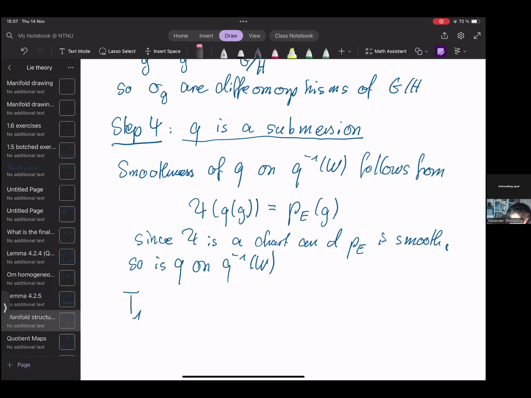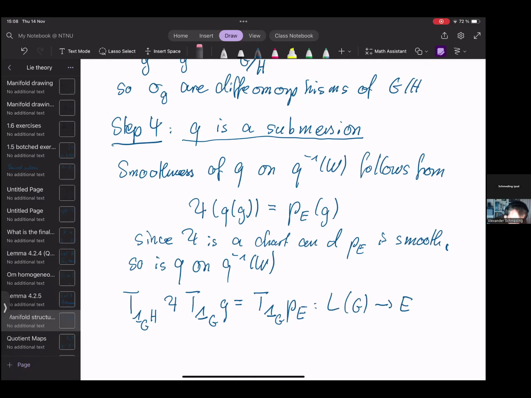So I should most probably write the unit element G. So at the coset, if I apply this to the chart, and then look at the tangent map of the projection, what do we get? Then we get also the tangent map at 1 G of this map PE. And this goes from the Lie algebra of G to E.